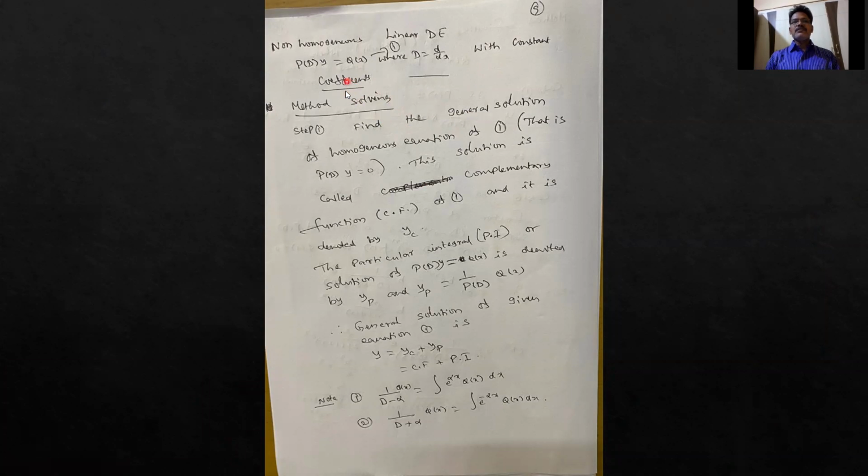Today we see how to solve P(D)y = Q(x), the non-homogeneous linear differential equation with constant coefficients. How to solve? Step one.